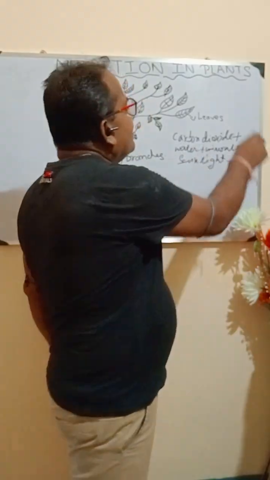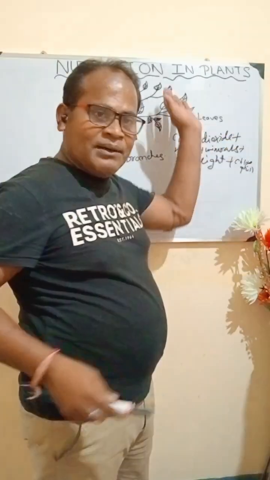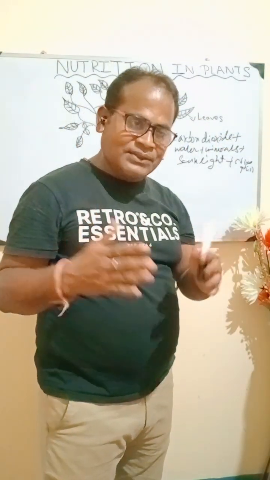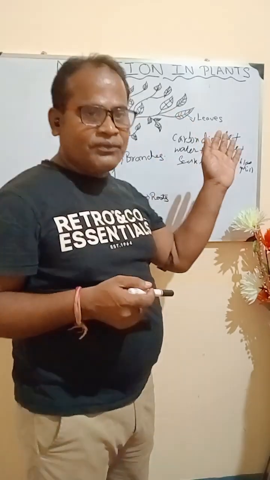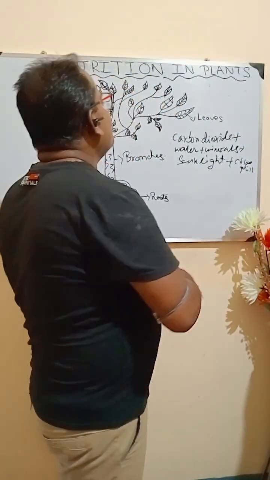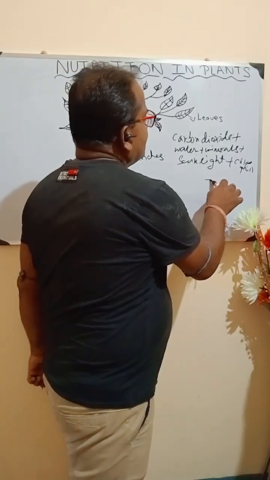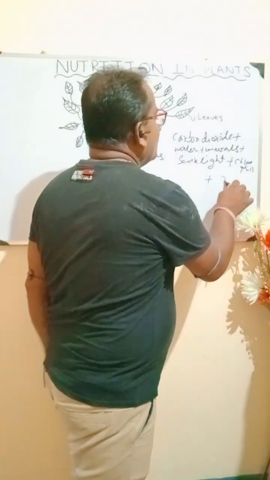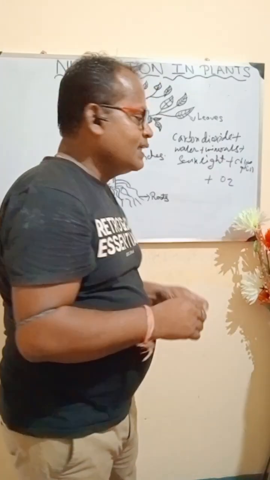So after the preparation of food, or after photosynthesis, you have food, and due to photosynthesis, another very important life supporting gas called O2, oxygen gas, is produced.